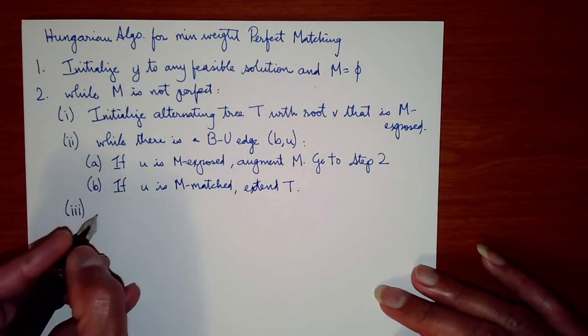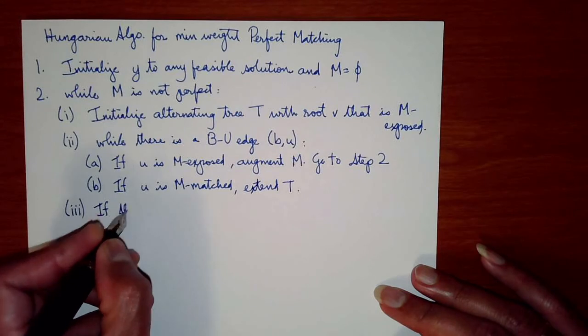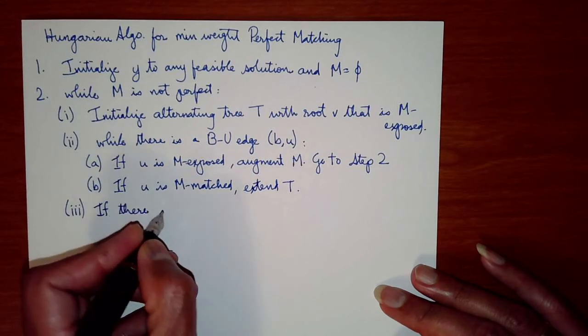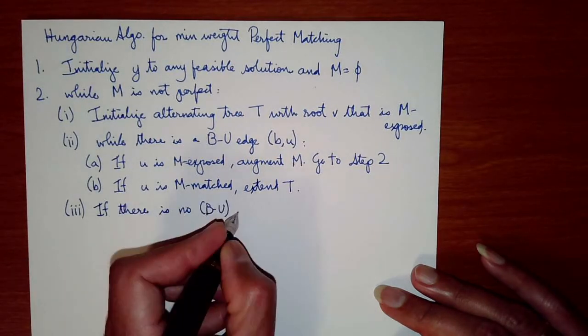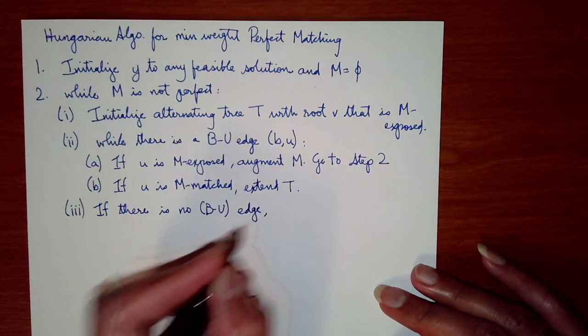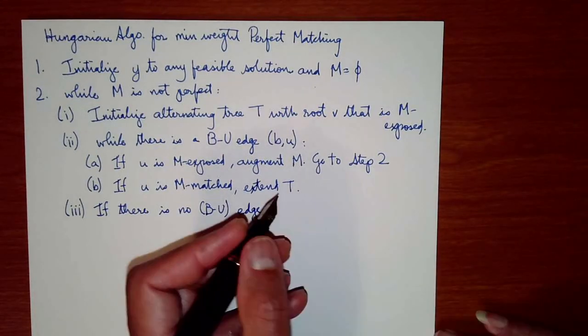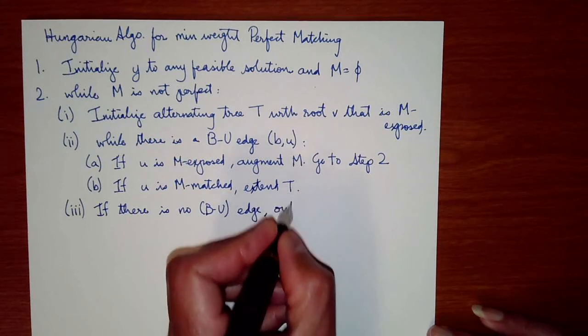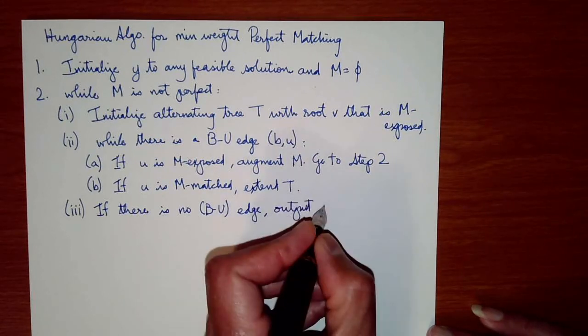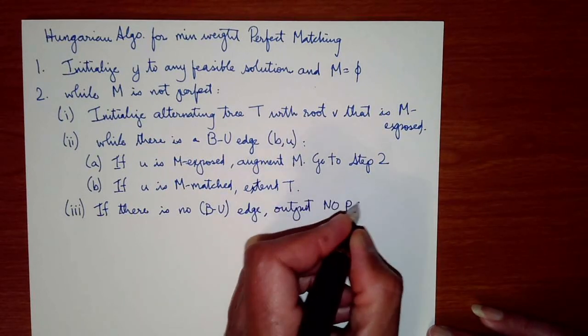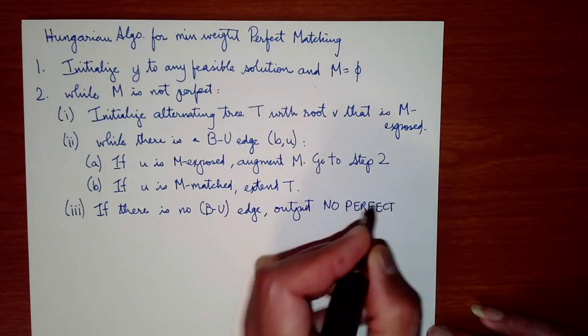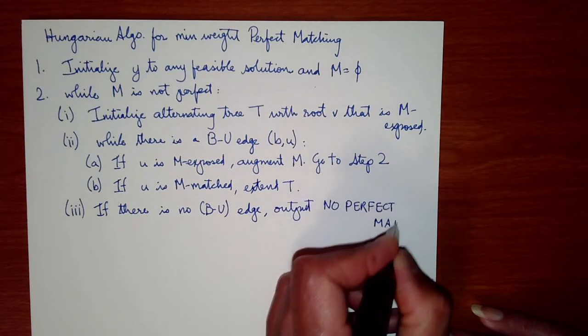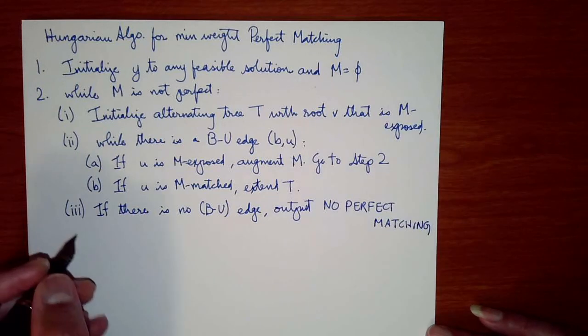Then we know that if there is no BU edge, just output no perfect matching. Okay.